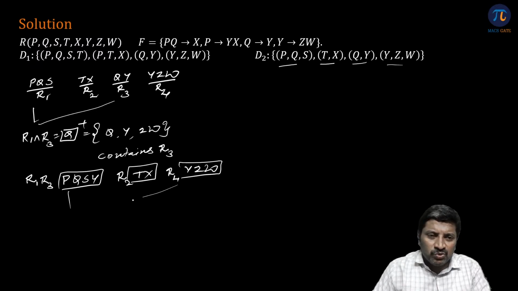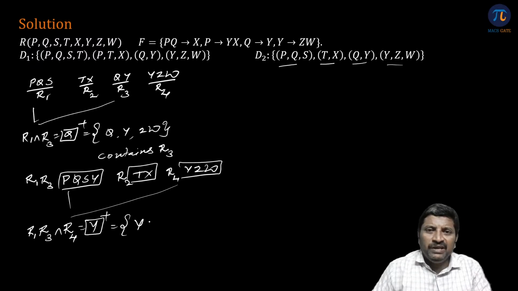Again, these two have a common attribute. What is the common attribute for these two, sir? Y. What is the closure of Y? Y. Then Y implies ZW. Anything else? No, sir.